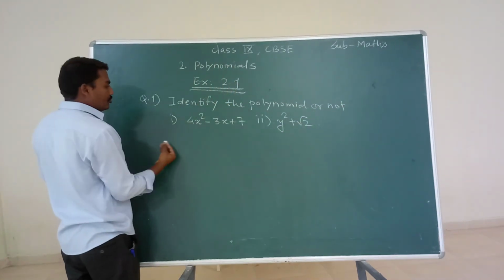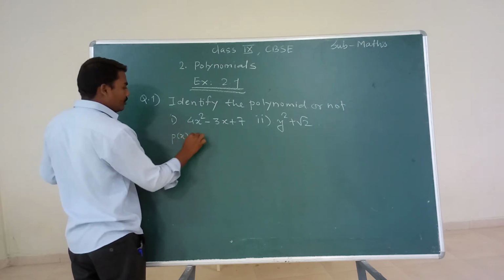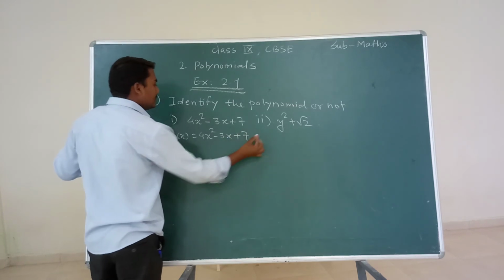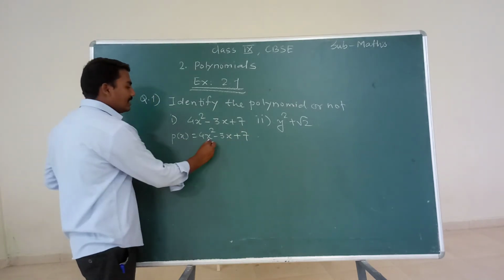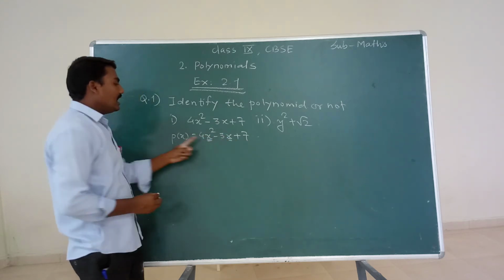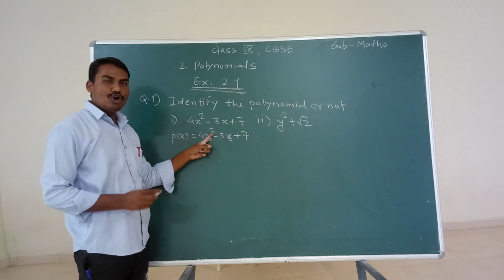So here p of x is equal to 4x square minus 3x plus 7. In that, variables are there, numbers are there, coefficients are there, and the power of the variable is not negative.